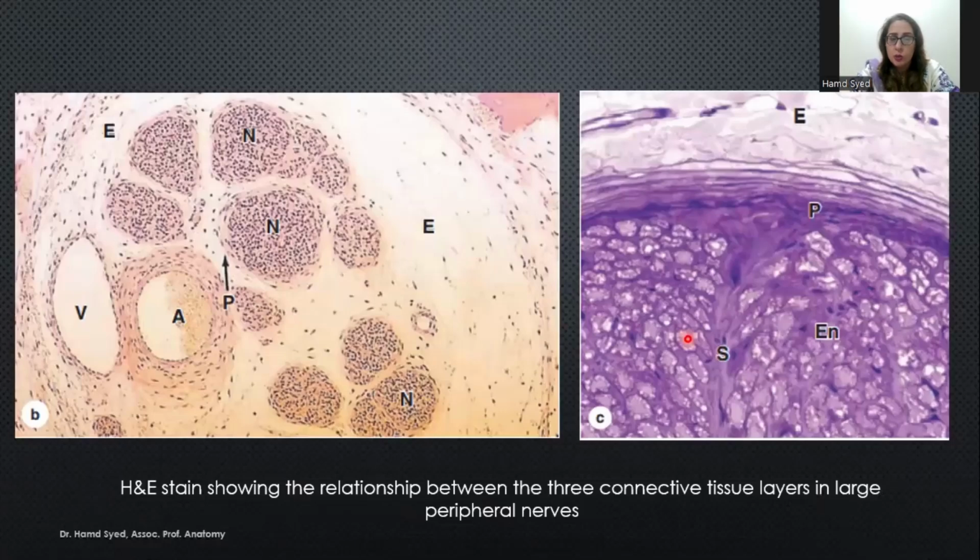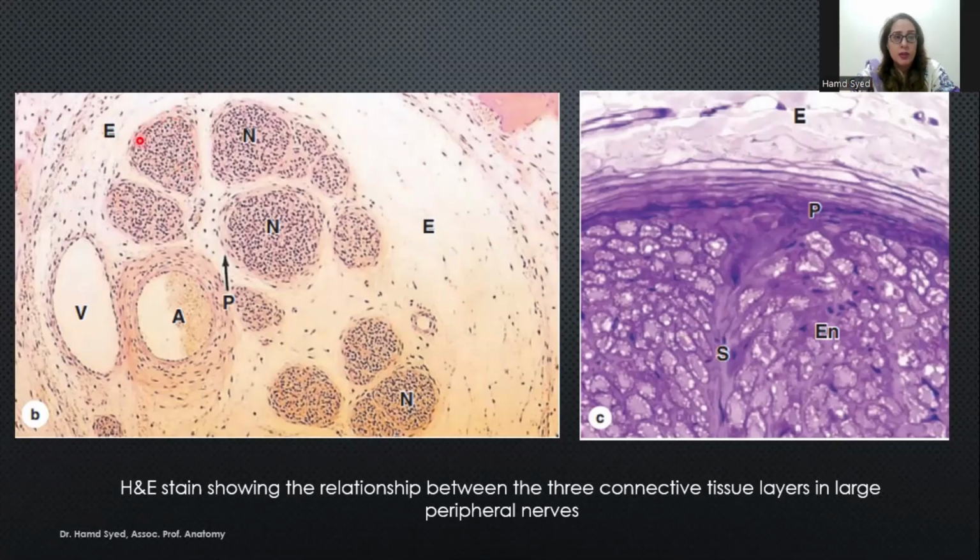Now here are the photomicrographs, hematoxylin and eosin stained sections of the peripheral nerve, which show us the relation between these three types of supporting tissue. On the left micrograph, you can see the epineurium, which is the thickest, irregular dense connective tissue surrounding the peripheral nerve as a whole.